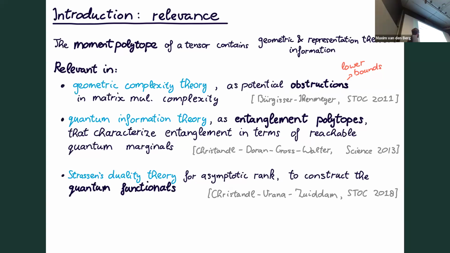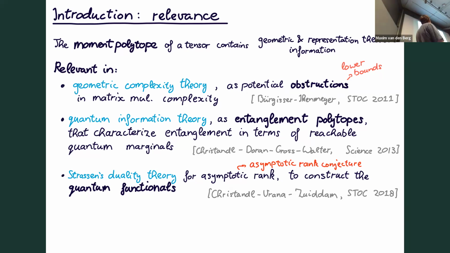Also, these moment polytopes are specifically relevant in Strassen's duality theory. This is a dual theory to something called asymptotic rank, to construct certain functions called quantum functionals. I will talk a little bit more about them later, but this is really in the study of this asymptotic rank. I will not define it, but this conjecture has seen a lot of recent attention.